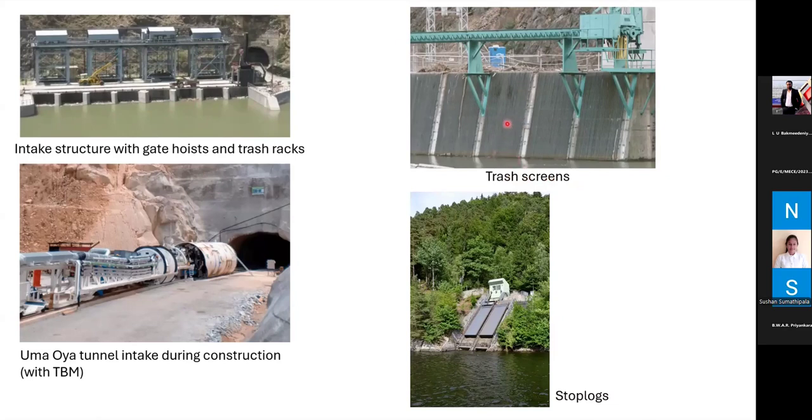This trash screen is just a grate covering the intake so that debris like logs and other elements don't go into the water intake tunnel and damage our intake or the tunnel and penstock structures associated with the hydro generation scheme.